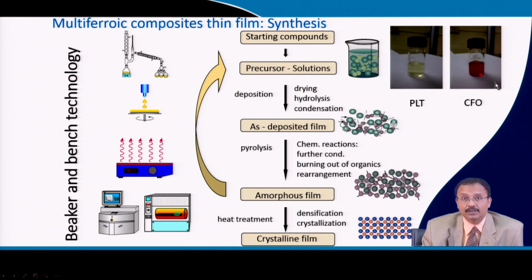So, there is a molecular level mixing between these two precursor salts, and then they are deposited by spin coating, baked, and then annealed. So, eventually they form the crystalline phase.